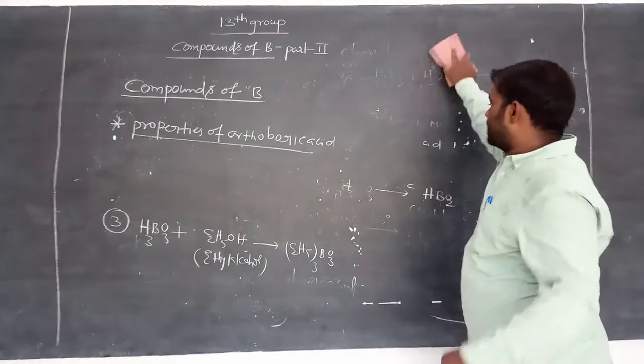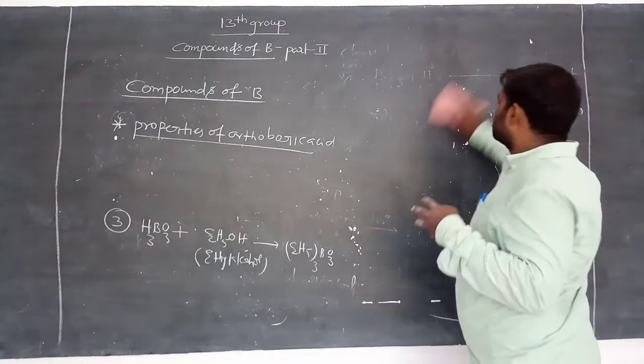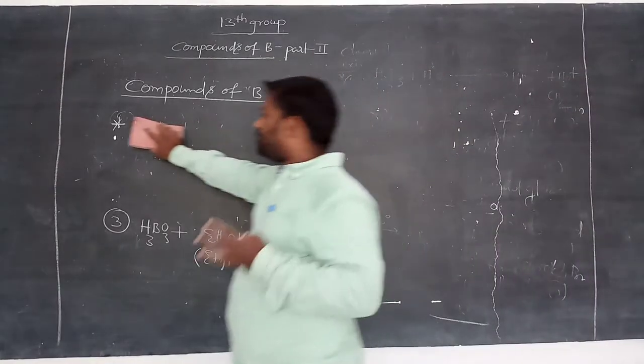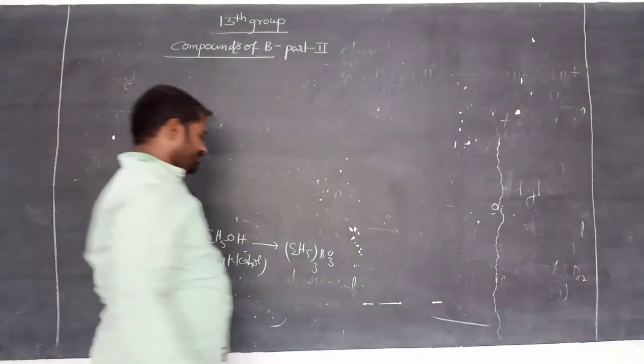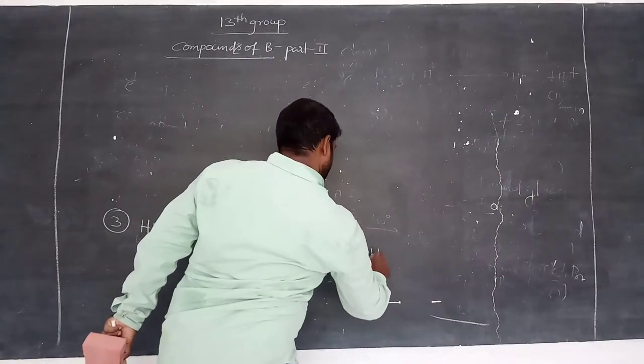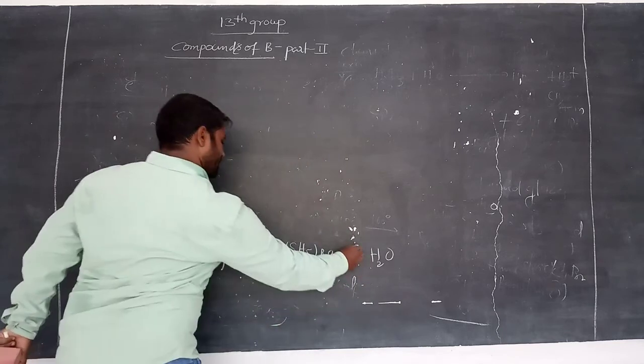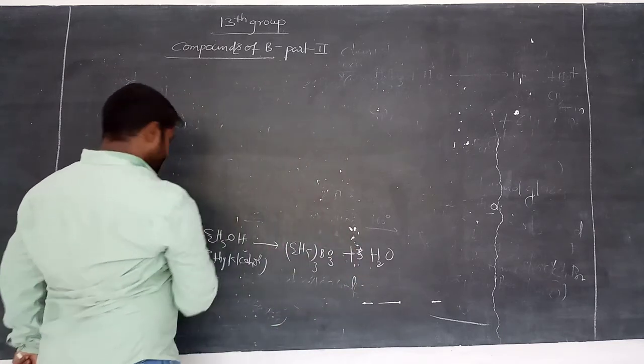Practice more and more, then we will be able to remember these equations and the important compounds regarding certain group elements of boron. And it produces H2, balance this one, 3 moles of the boric acid.